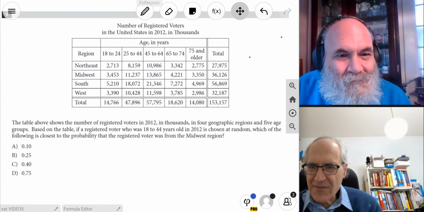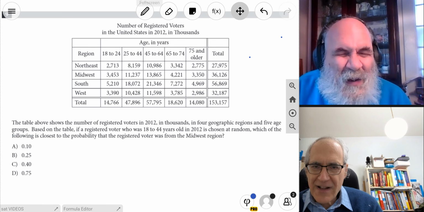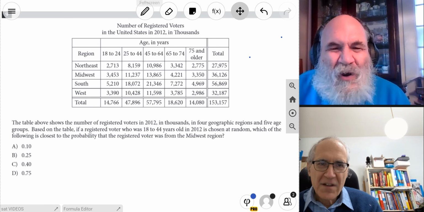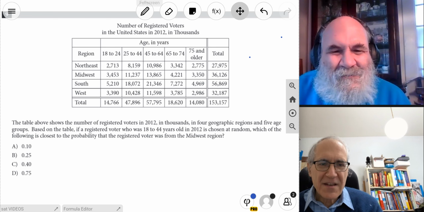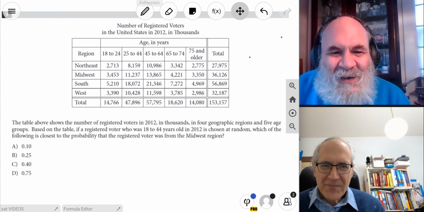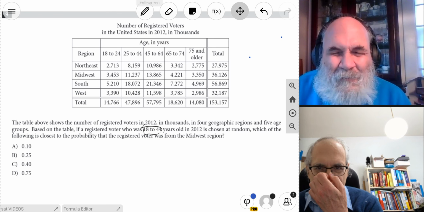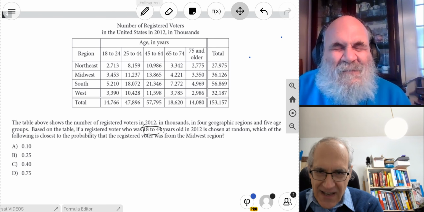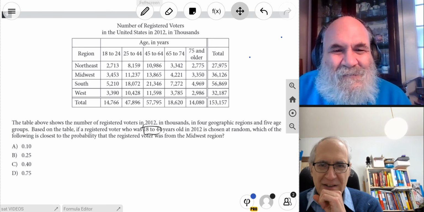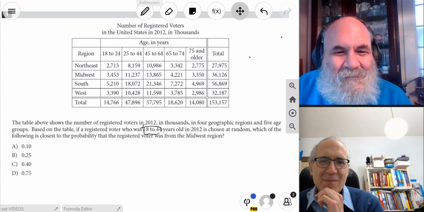Based on the table, if a registered voter who was 18 to 44 years old in 2012 is chosen at random, which of the following is close to the probability the registered voter is from the Midwest region?